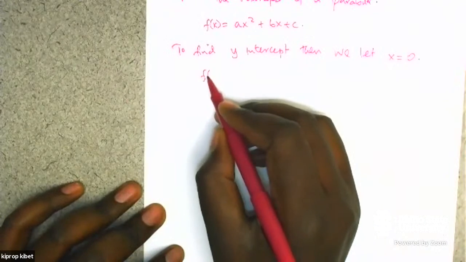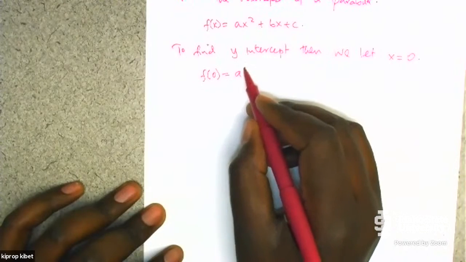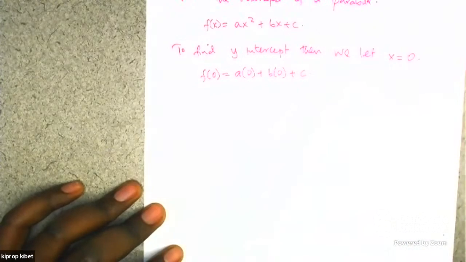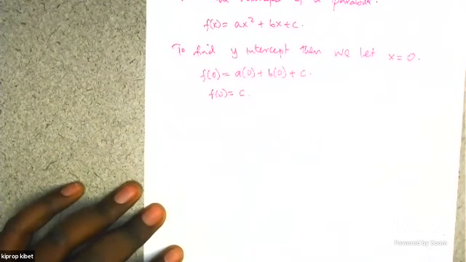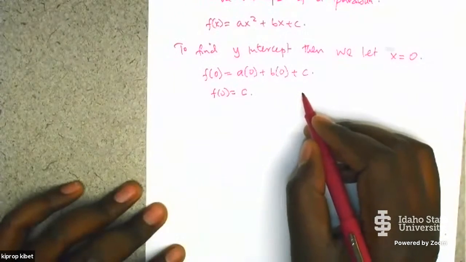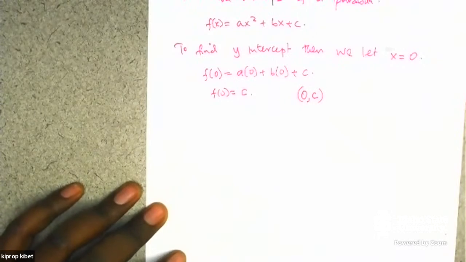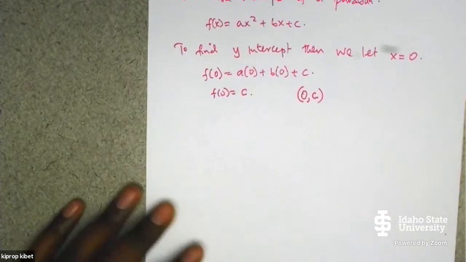So f of x, with x being 0, is a times 0 plus b times 0 plus the constant c. So f of 0 equals c. So our y-intercept here will be 0 and c, 0 and a constant. That's the way we did last time. We have done the y and the x intercept.